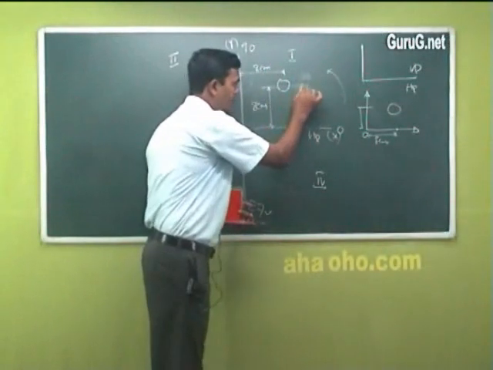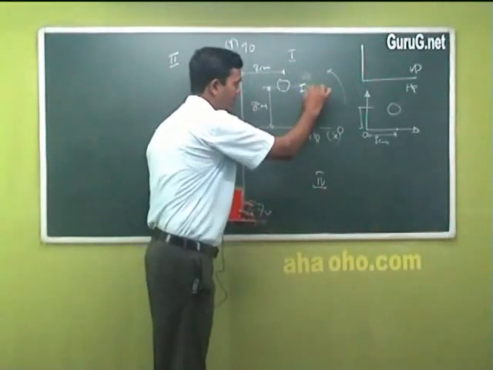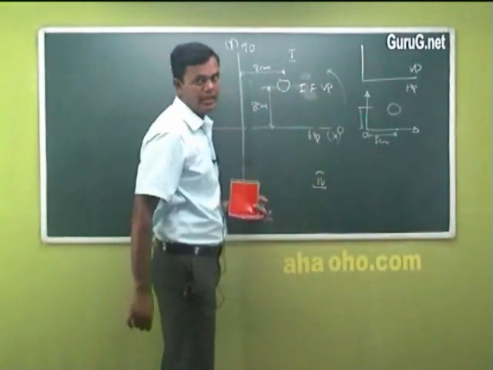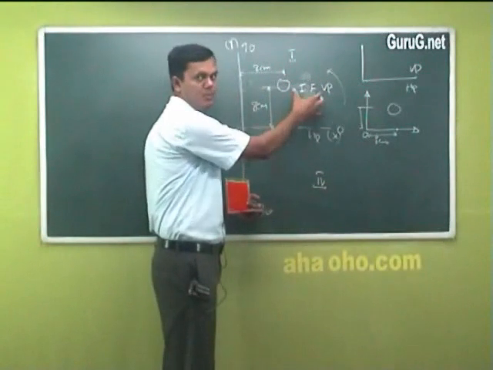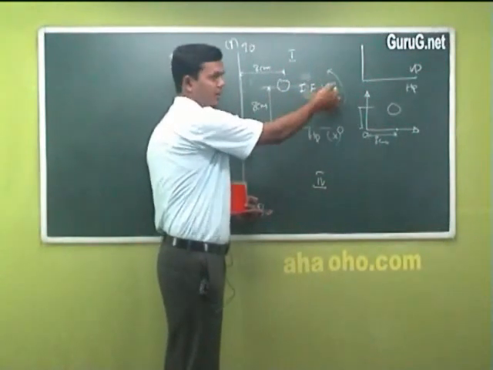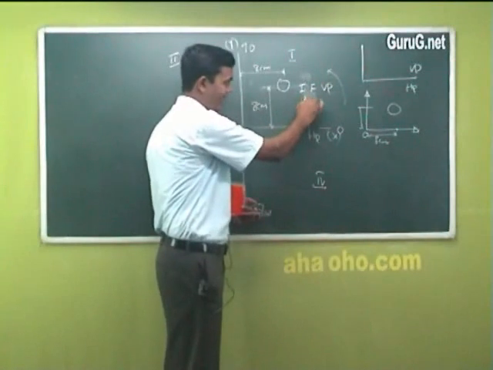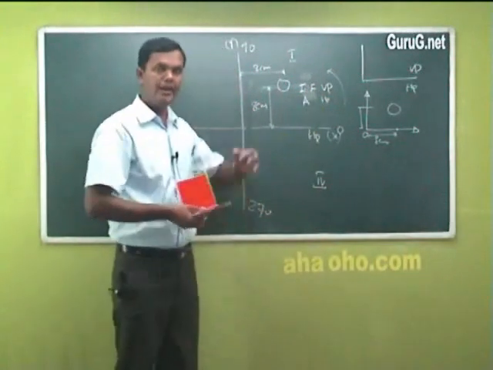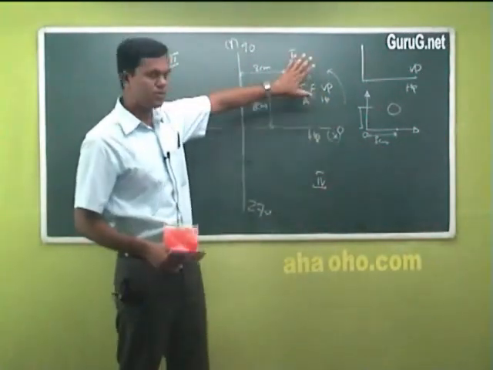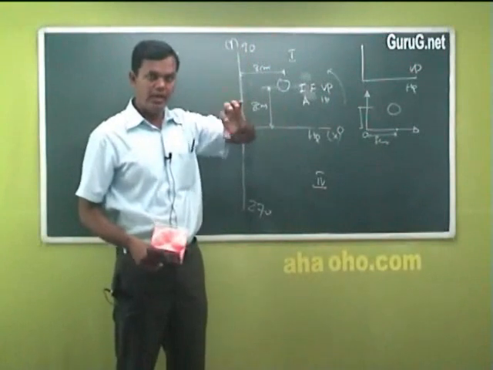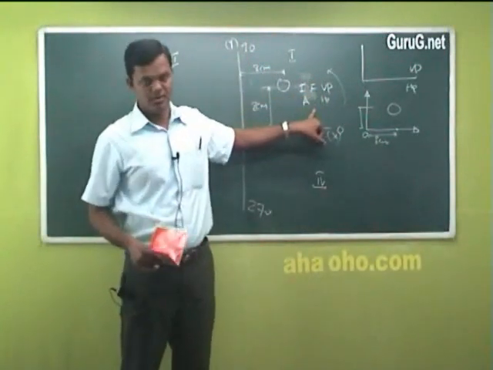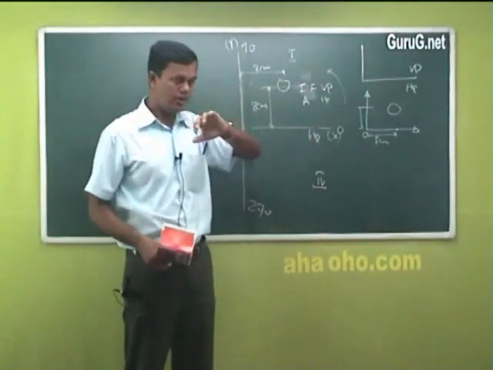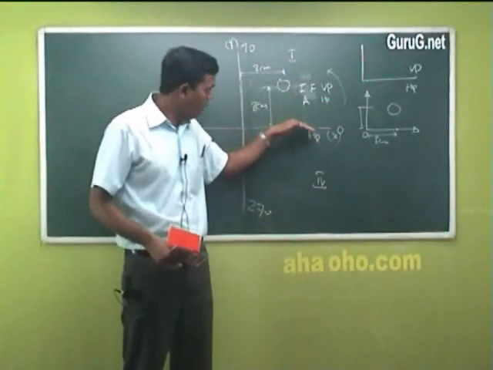So I'll write the in front of, I'll say IF, in front of VP, IF VP. You please understand the expansion of this: in front of VP, and above, I'll write A, simply the first letter, above HP. Any object you consider in first quadrant will come only under these two options: in front of VP and above HP.